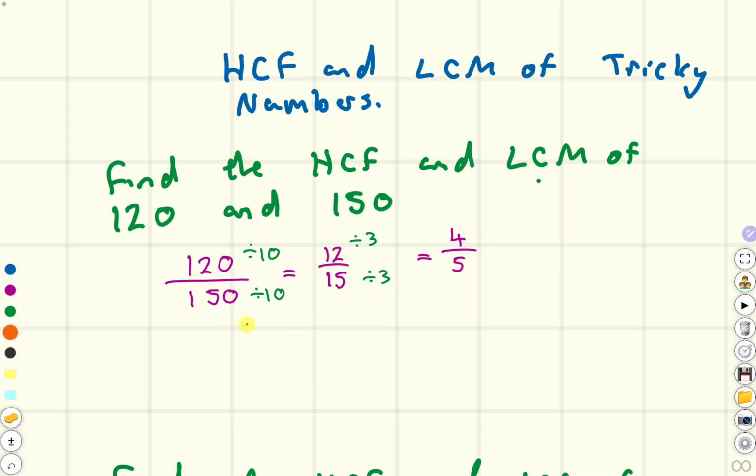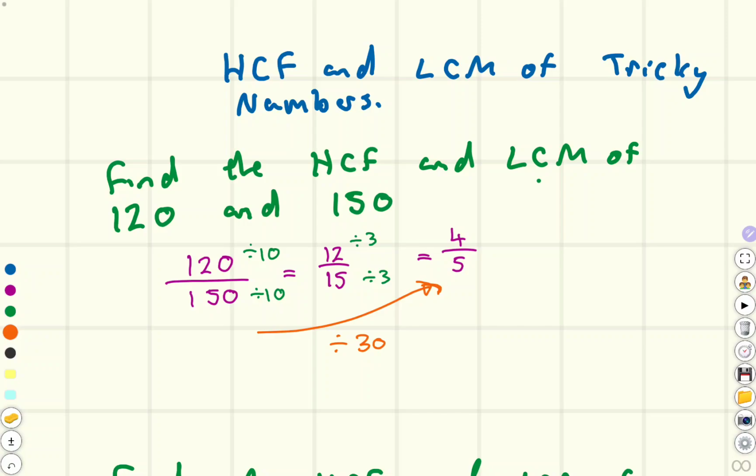Now what I want to do is see how I go from the original to the fully simplified form. So I want to go from 150 to 5, and to me, that looks like I would divide it by 30. How many 30s are there in 150?